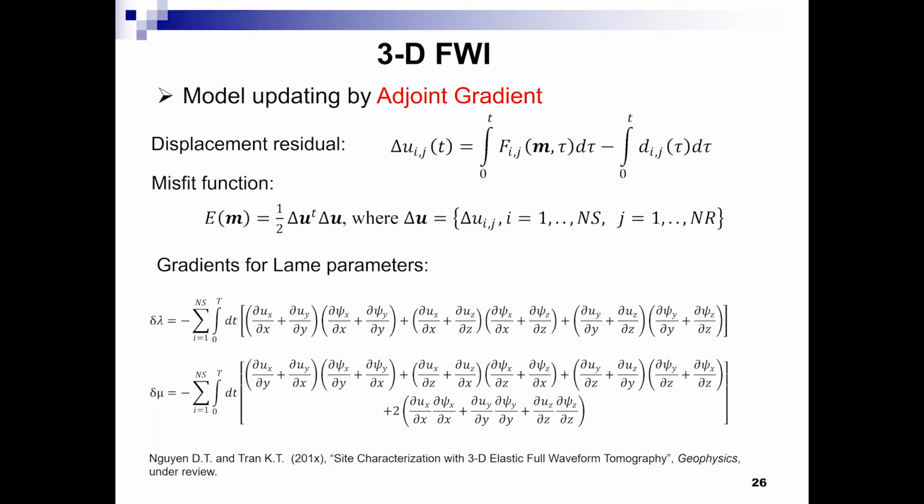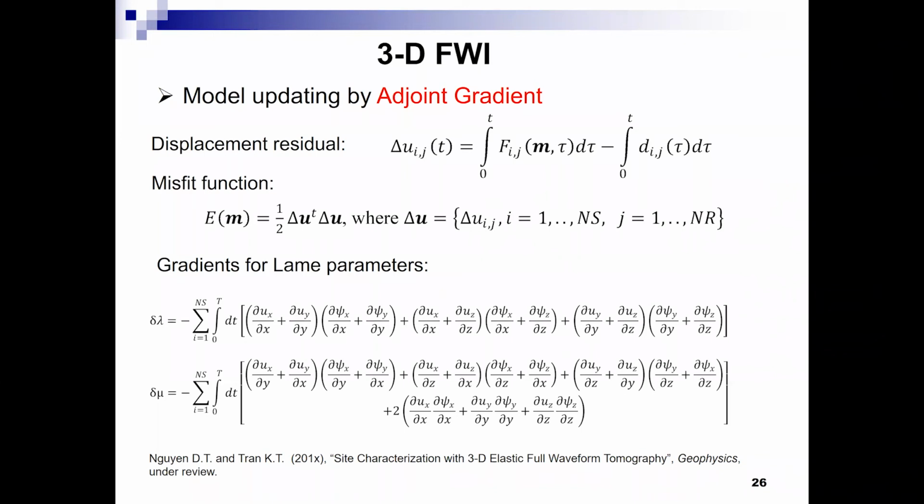When we use a geophone, we measure the particle velocity, so we integrate it to get the displacement, calculate the misfit function, and then calculate the gradient of the Lamé parameters, lambda and mu, from the forward and backward wave fields. Forward is the wave propagating from the source location, and backward is the wave propagating from the receiver location, so we convolve them. So the standard full waveform method uses the Gauss-Adjoint approach.